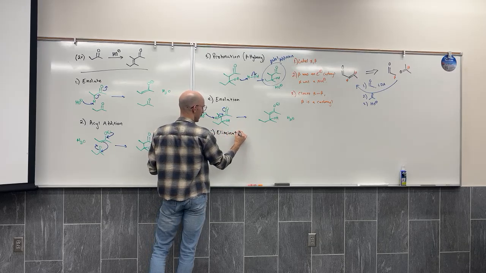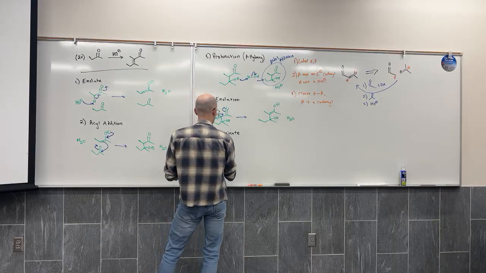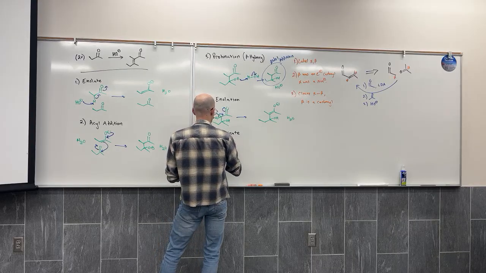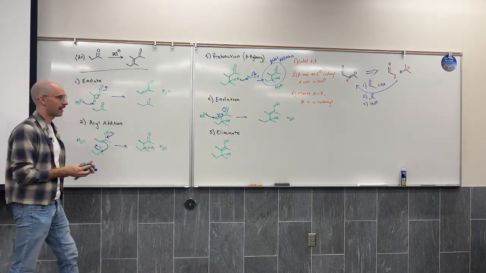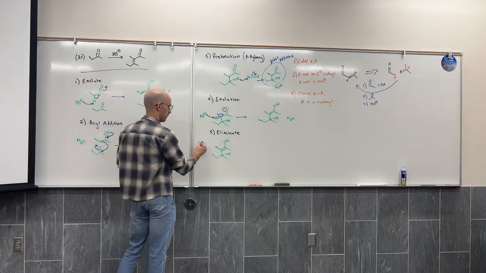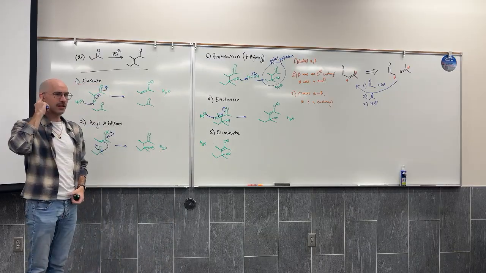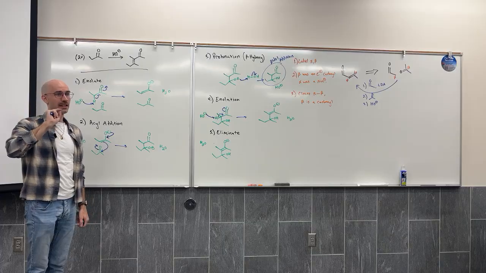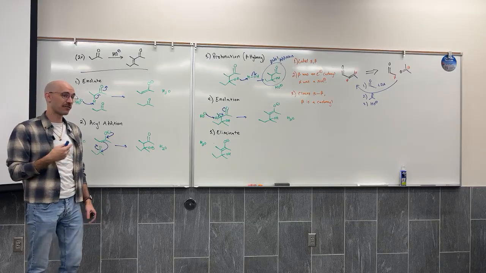But this enolate will not attack an electrophile. This enolate instead goes through elimination, and what it kicks off is perhaps the strangest thing that we've seen. It kicks off a hydroxide.